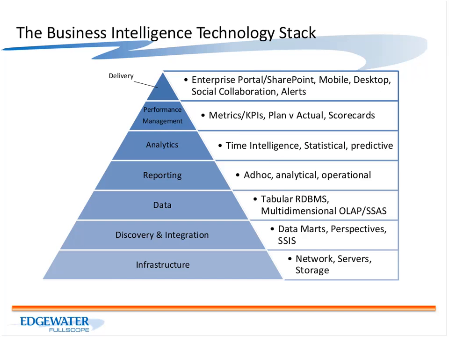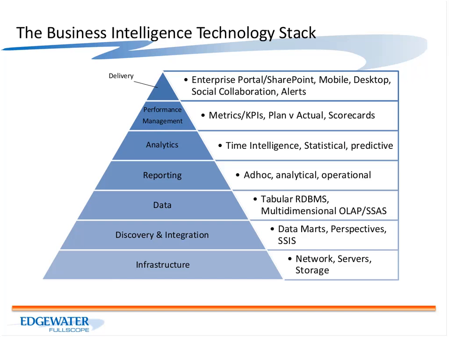Then you have the reporting layer. Again, what do you want to do with your BI solution? Is it ad hoc reporting, operational reporting, analytical reporting, dashboards? There's a lot that you need to consider around BI, and there may be multiple ways of serving information up to users in your whole BI model for your company.